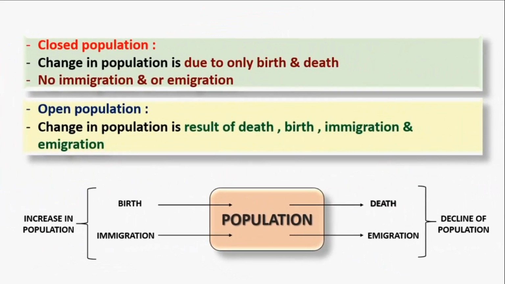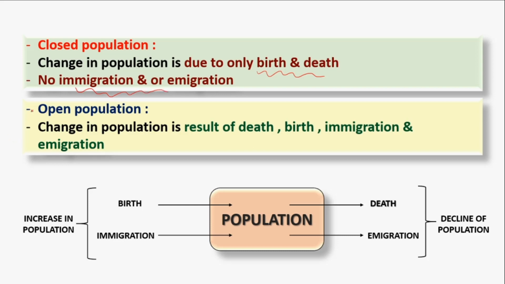So populations are again of two types: closed population and open population. Closed population is almost a theoretical perspective, because on our earth every population shows more or less immigration along with birth and death. So a closed population shows change only because of birth and death, and here immigration and emigration have no role.